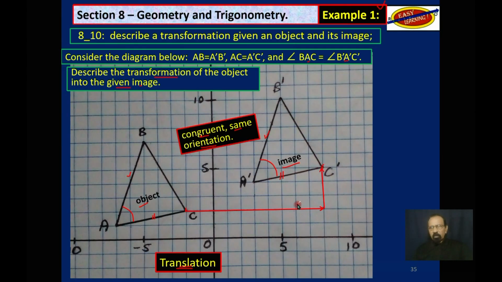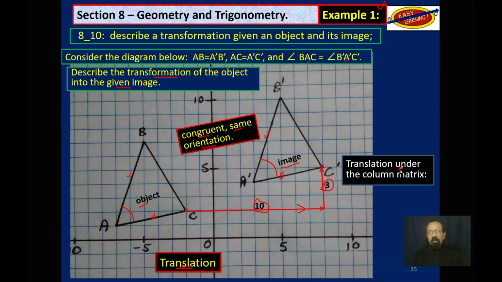If you go across this way until you reach exactly under that C prime and you go up, how many places did you move this way? And the answer is 10. Remember, that's a positive 10. And up this way, it's 3. That's a positive 3. It's like you're dealing with the x-axis and the y-axis. So the translation under the column matrix is T, and you write it like this, 10, 3.